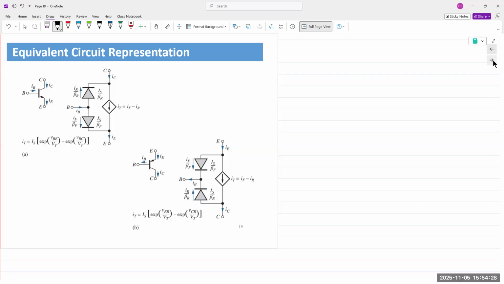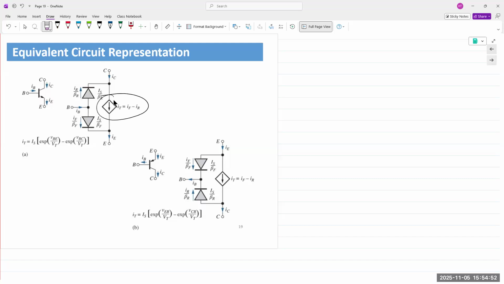And we will see this later on in this chapter also, right? IC is beta IB. If IB changes, IC changes. IB increases, IC increases. IB decreases, IC decreases. Hence, IC, the output current, is dependent on the input current IB. And that's what is being shown here.